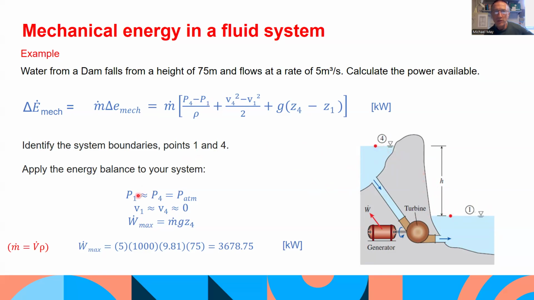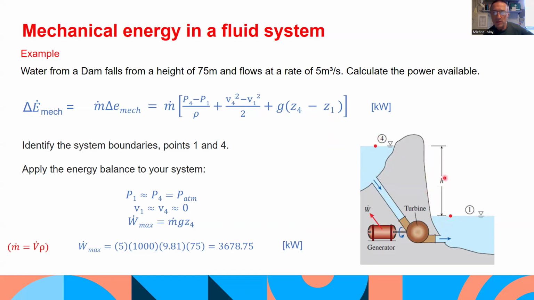So P1 is approximately equal to P4, which is atmospheric pressure. So that term cancels. We'll see that we're dealing with surface velocities on the upper and lower lake, so those terms effectively cancel as well. So the only mechanical energy component is due to the potential energy in the fluid due to this elevation.